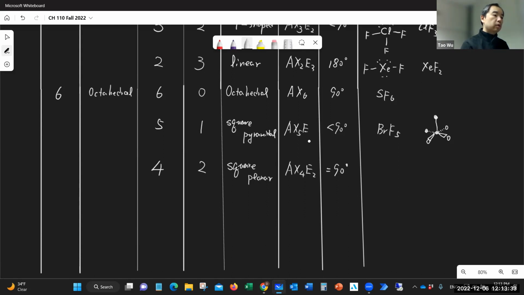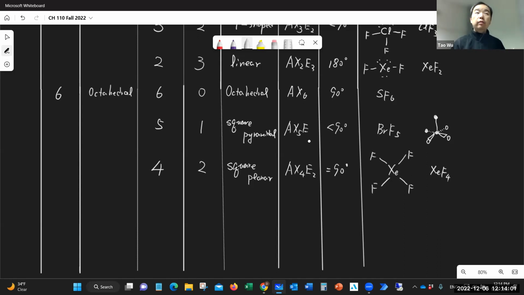One example is XeF4. We have a central atom, Xe, in the middle, and fluorine on the sides. That is exactly the shape for the square planar, and that's it.